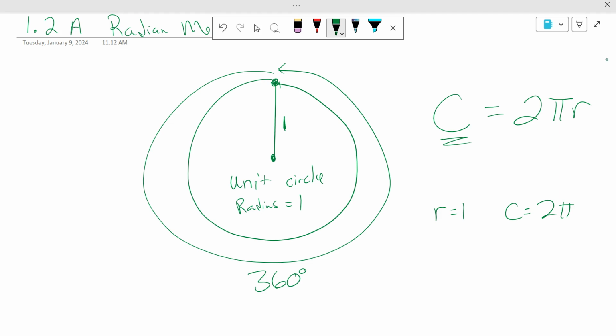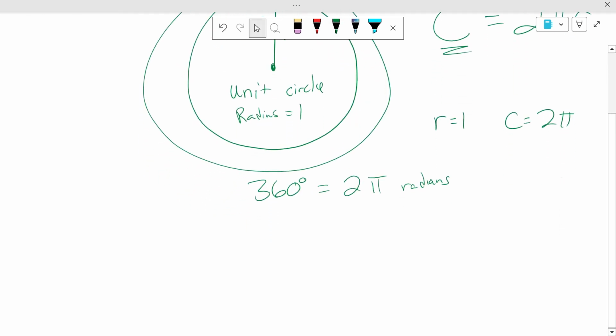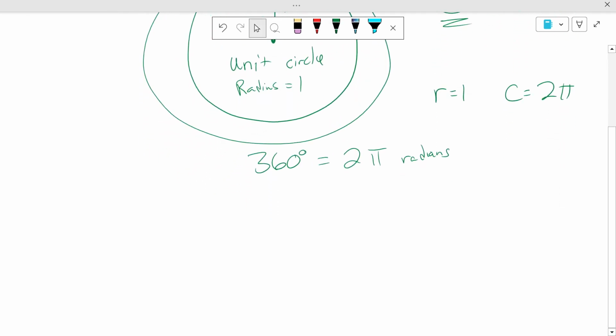Okay, so 360 degrees in trigonometry is equal to 2 pi. Okay, 2 pi radians. So degrees to radians, 360 degrees equals 2 pi radians.